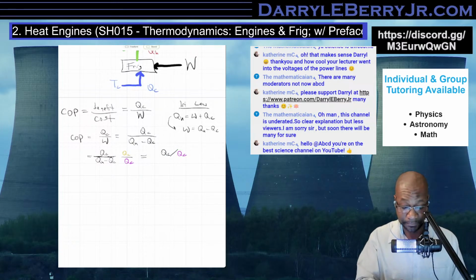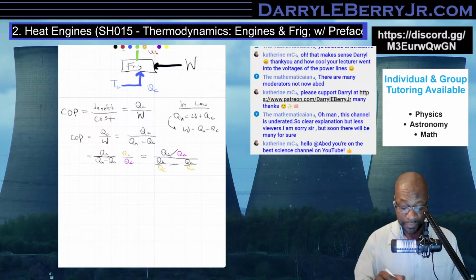And I'm going to take the top QC and divide by the things in the bottom. So it's going to be QC divided by that QC. Oh, and this is my QH, my bad. So QH divided by that QC. And then it's going to be QC divided by that same QC.